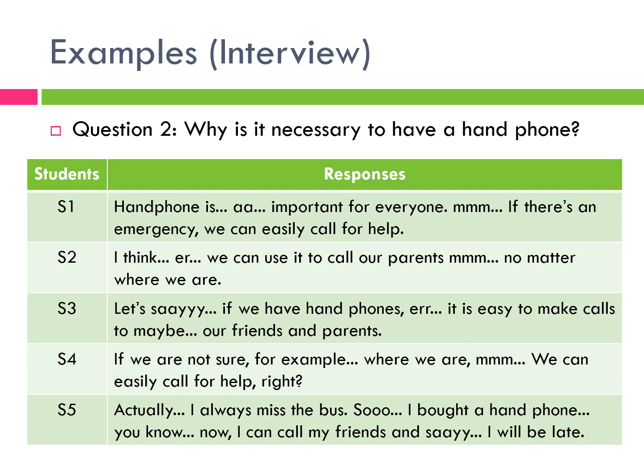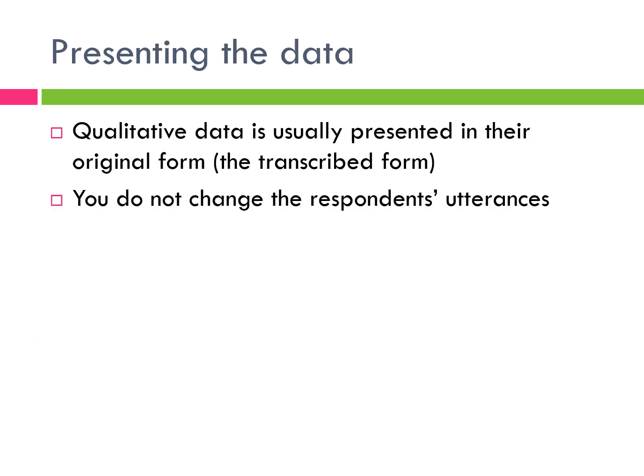And then student 5, actually, I always miss the bus, so I bought a handphone, now I can call my friends and say I will be late. So these are the responses given by the 5 respondents for this particular interview question. Now what you should do here, similar.